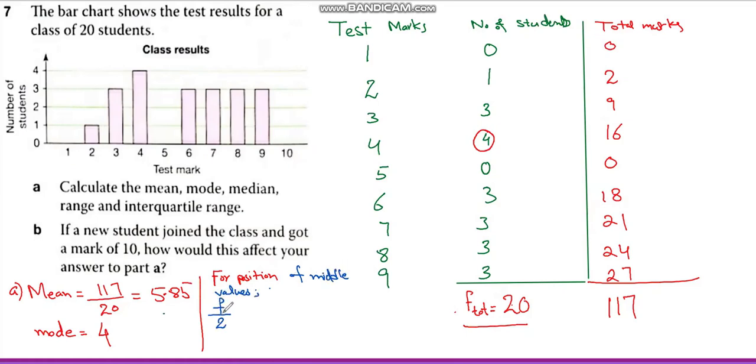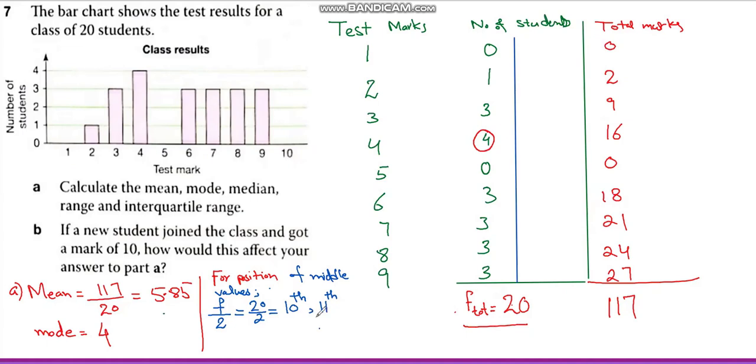This is valid for even frequency. For odd frequency, first we add 1 to the frequency and then divide by 2 to get the middle value. But when we have even frequency, we just divide by 2, meaning 20 divided by 2 is 10. So at the 10th position, the first middle value exists, and at the 11th position, there will be the second middle value.